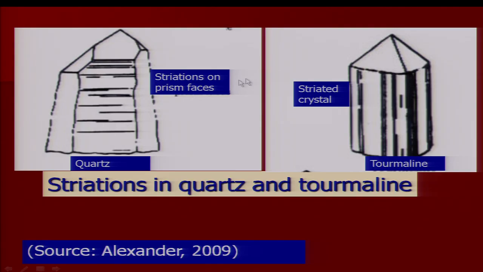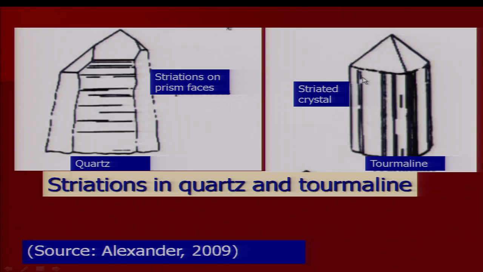This is another example, a tourmaline. Tourmaline, as I said earlier, develops faces, and the most common faces are prismatic faces. This is a prismatic face of a tourmaline crystal, along which parting is also very common, or cleavages are also developed, but this is not a cleavage, it is striations.